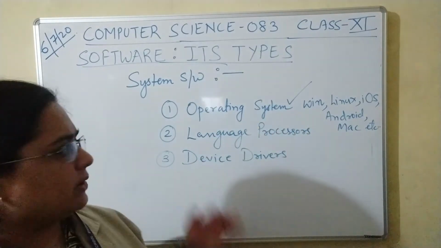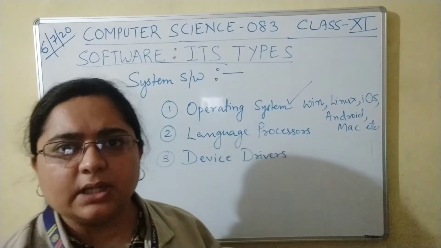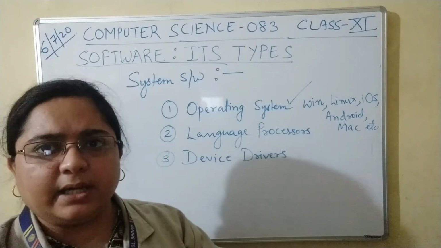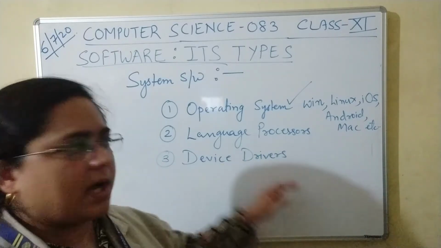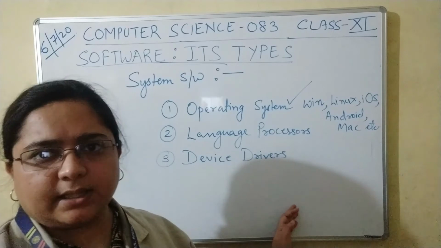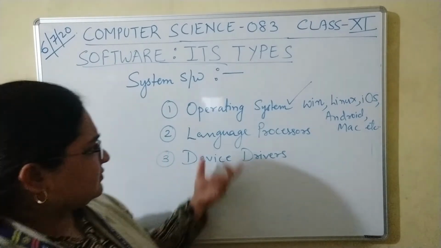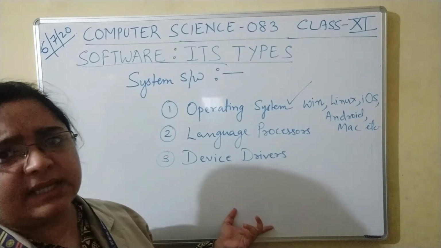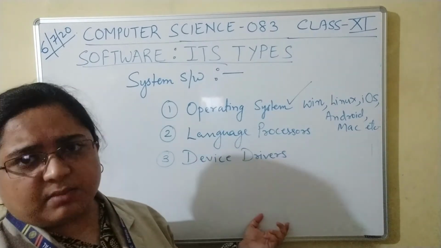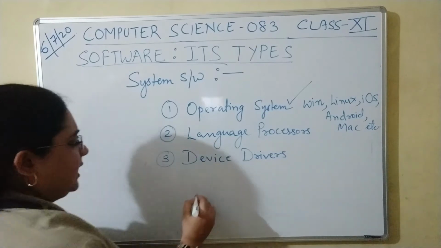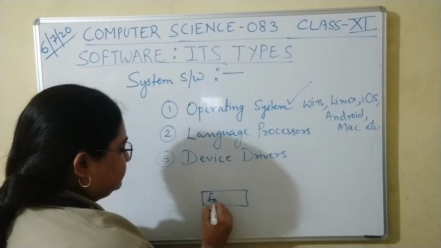It helps your computer to communicate with you. You give commands, instructions and data, and what your operating system does is it executes those commands. You give a command for creating a file or a folder.